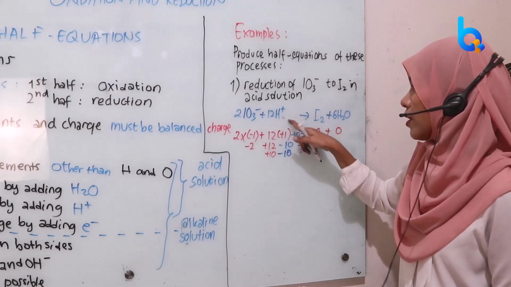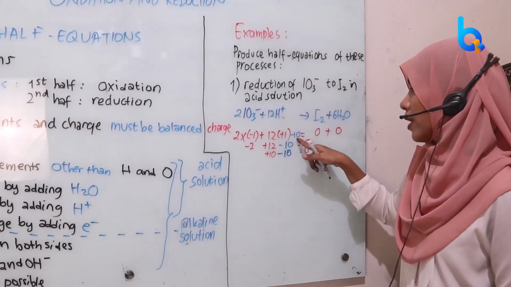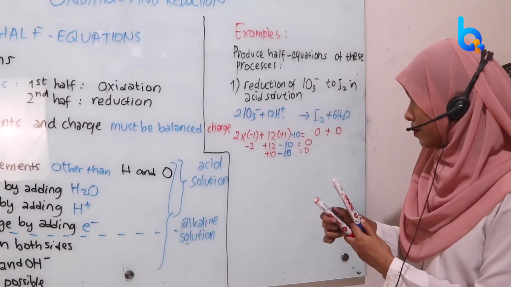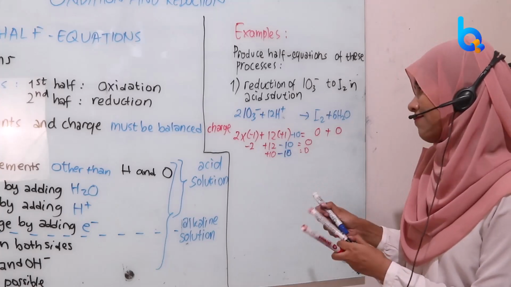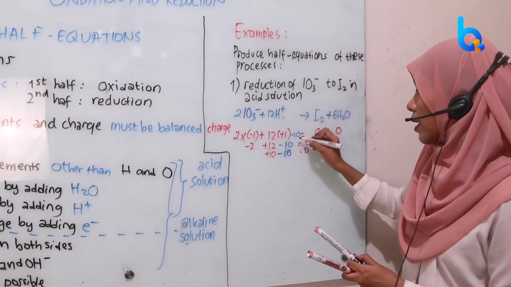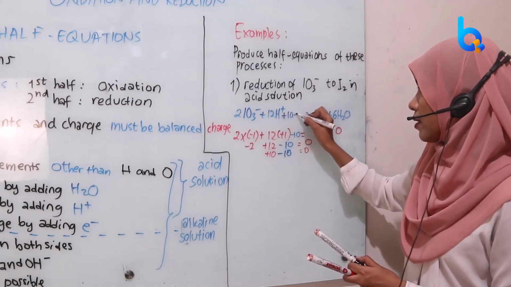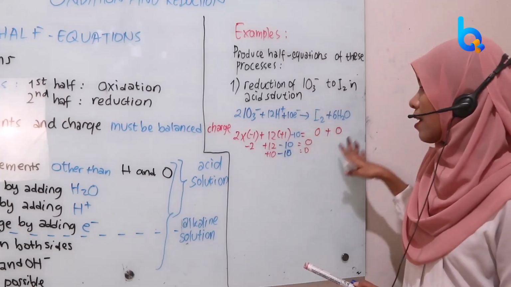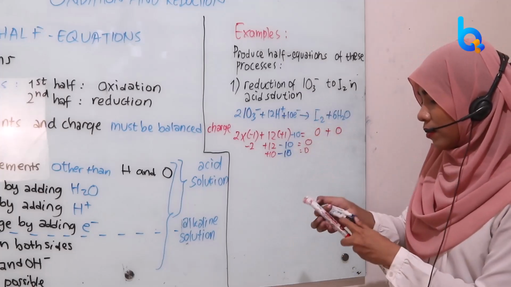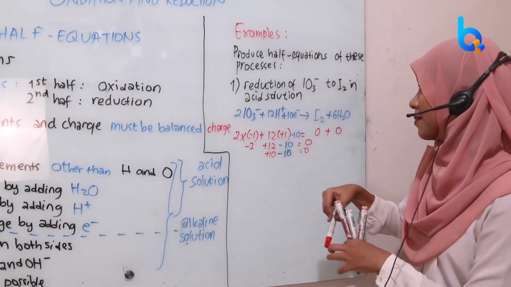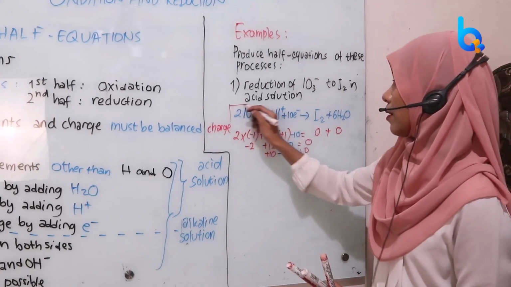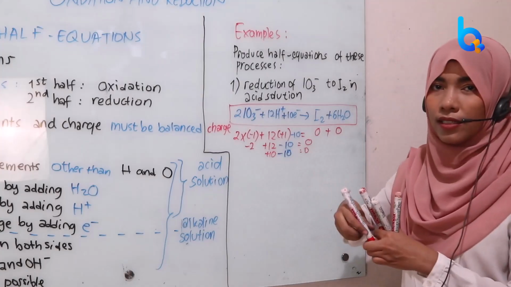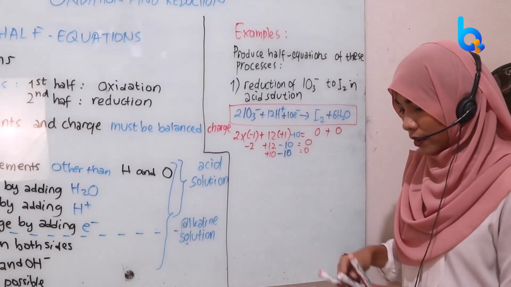So in this equation, where can we get -10? -10 can be obtained from 10 electrons, because each electron carries -1 charge. Okay, so this will be the overall equation. That's example number 1. Next, example number 2.